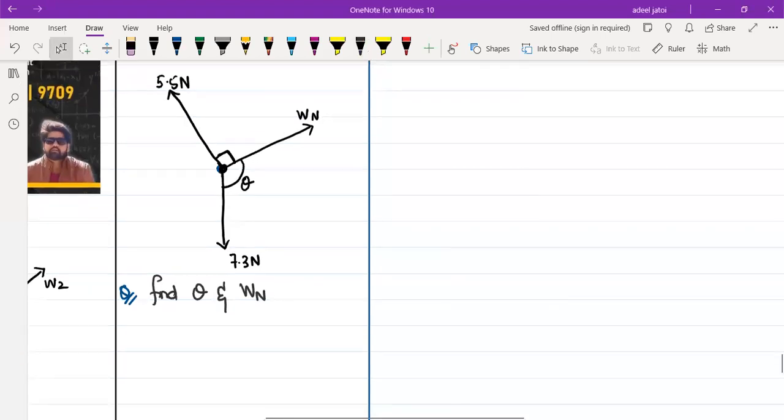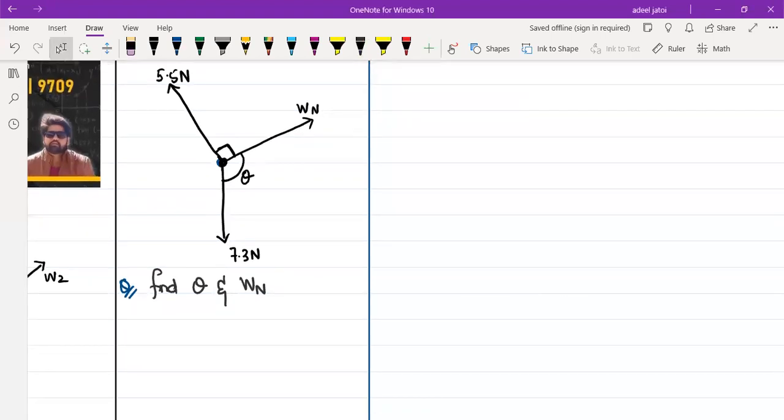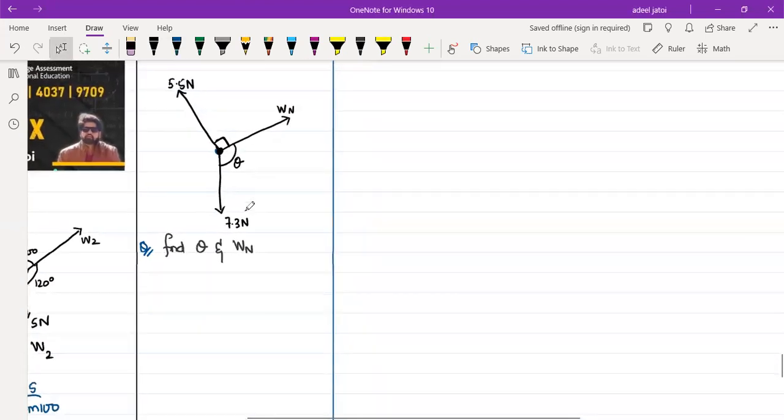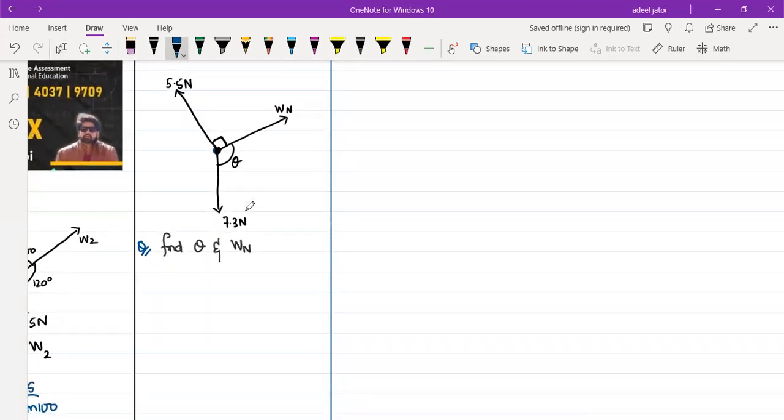Okay, so here's another example question in which we need to find theta and the force represented by W newtons. First things first, we know that a force is given and the angle needs to be found, and another force and another angle are given. So the answer can be represented using sine theta upon 5.5 is equal to sine 90 upon 7.3.